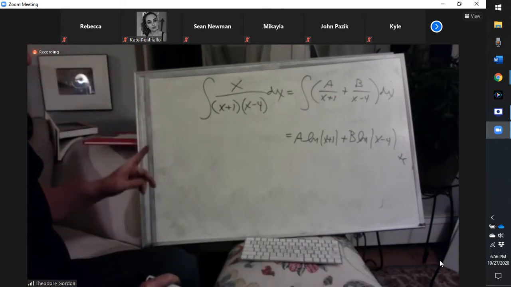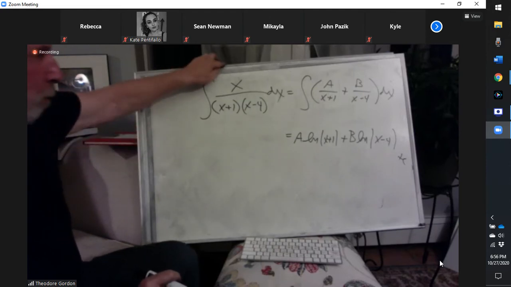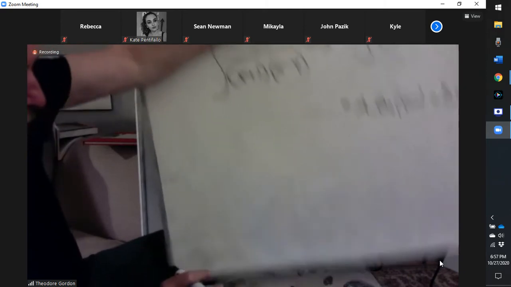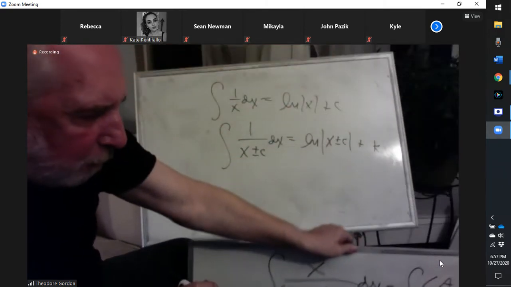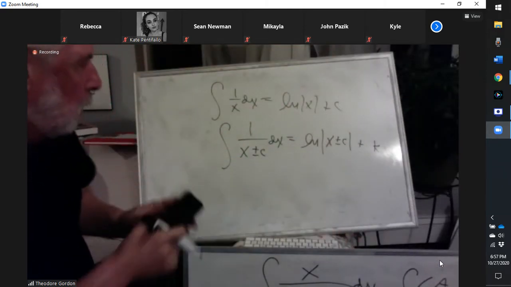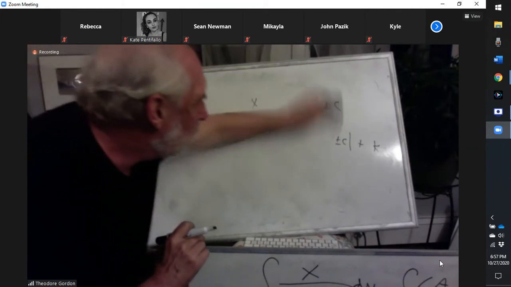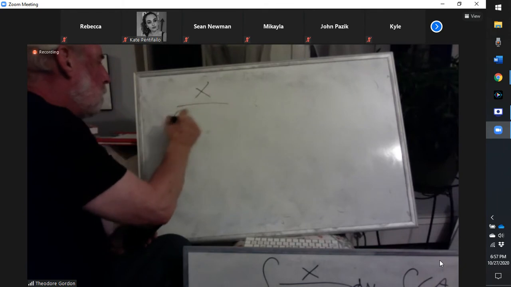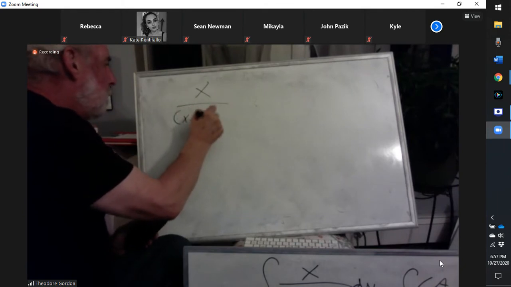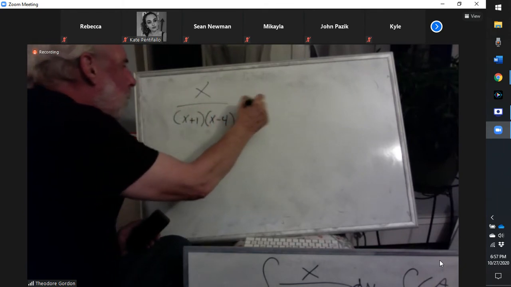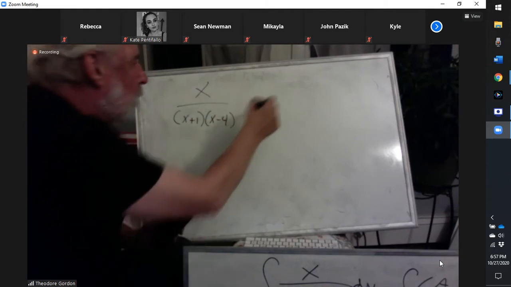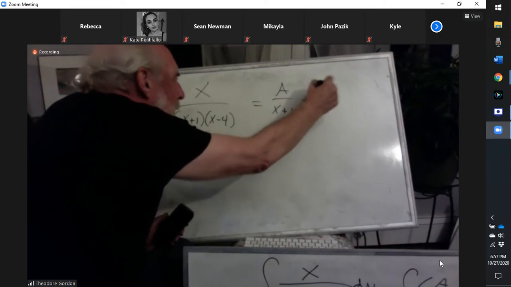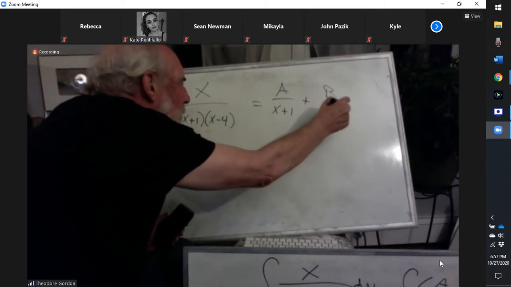All right, so here's how we're going to do this. Back to my other board here. I think I don't have enough whiteboards. So we have x over x plus 1, x minus 4. And I'm claiming that that's equal to a over x plus 1 plus b over x minus 4.